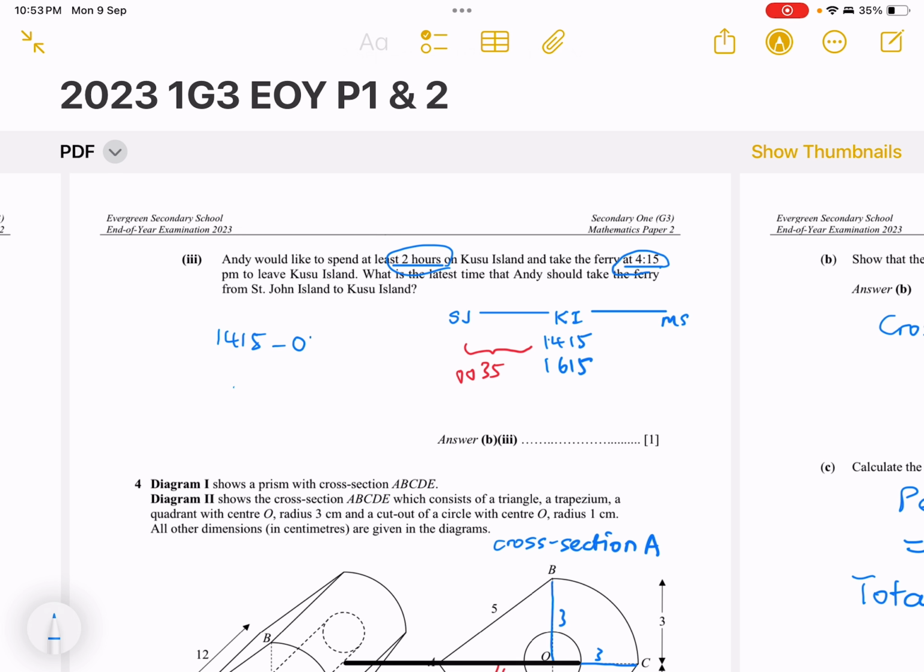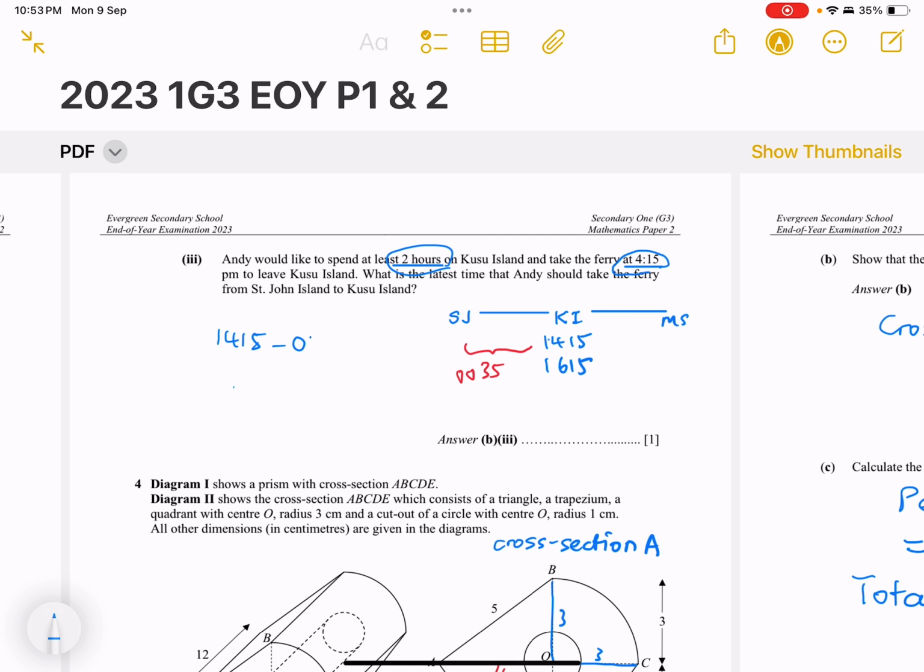So if he goes and takes that ferry at 1:50, that will be too late, right? So therefore, he must take the ferry at 11:50. Okay, so that is the answer.